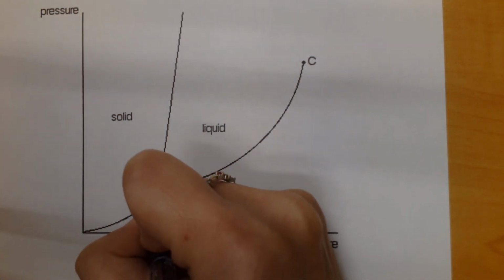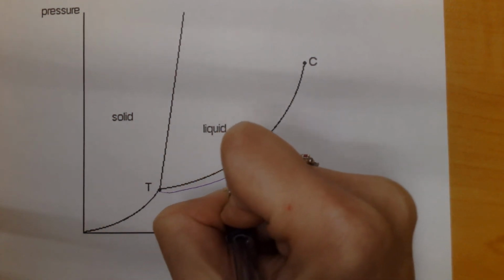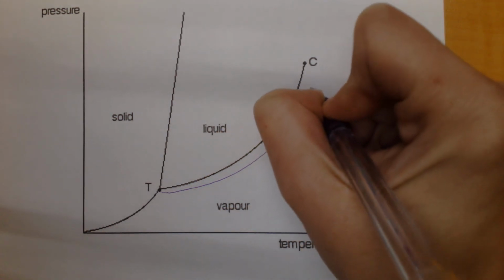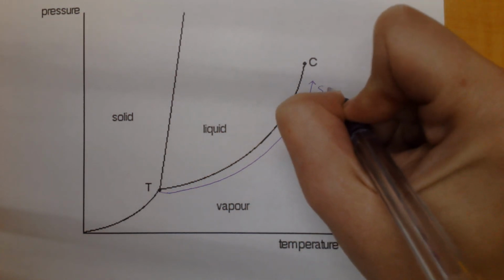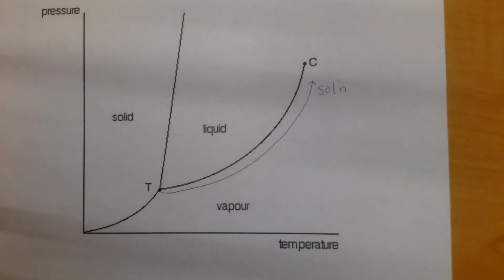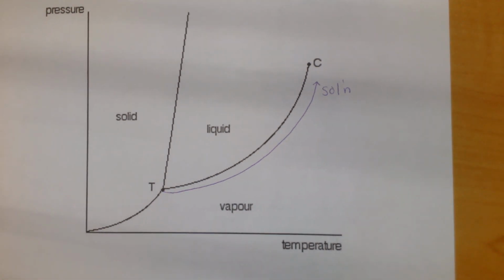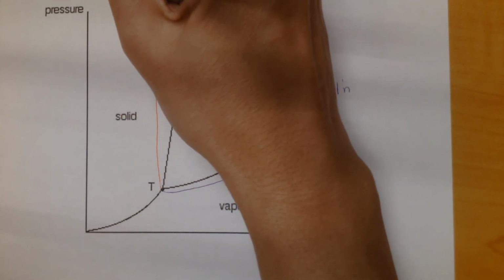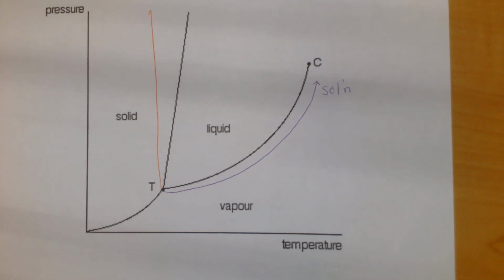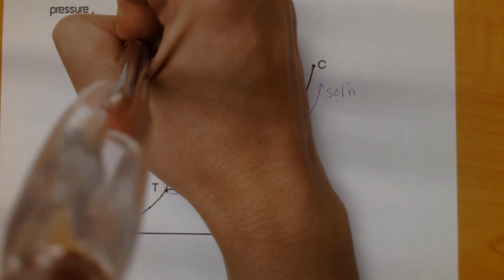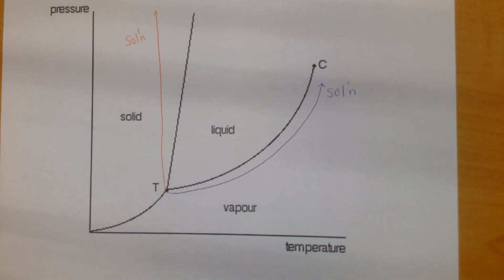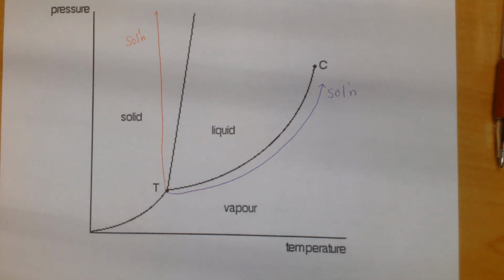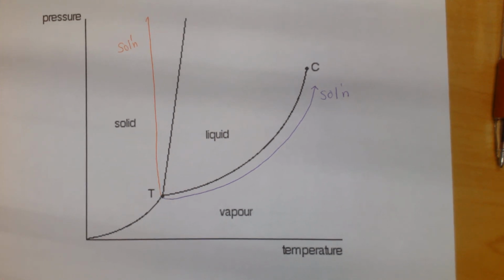So when we make a solution, that is going to be lowered like that. On the other side as well, it's going to be lowered. I kind of exaggerated that quite a bit. It's not quite that, but you get my point here. So what does this mean in terms of freezing and boiling?